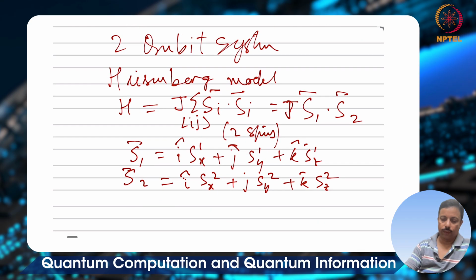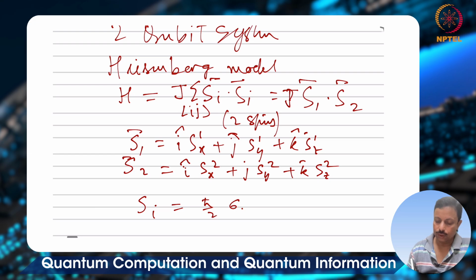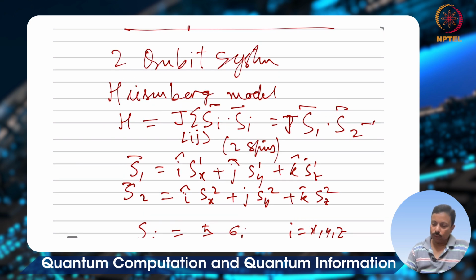Now interestingly, this is a 2-qubit system. Si is simply h bar by 2 sigma i, where i equals x, y, and z, or 1, 2, 3. The 1, 2, 3 is x, y, and z only. Okay, so this is equation number 1.